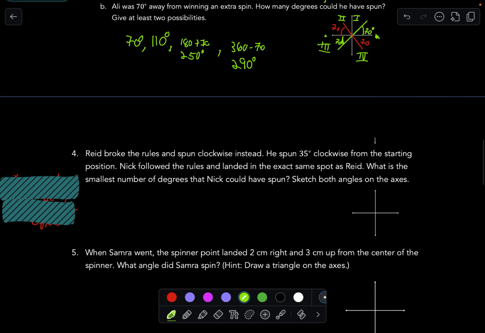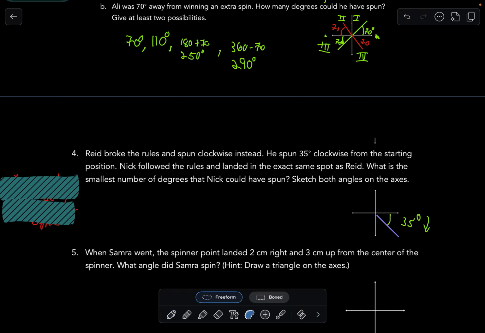Now Reed broke the rules and spun clockwise and landed in the exact same spot. So Reed spun 35 degrees, but he spun it clockwise, which means this is 35 degrees clockwise. Now, Nick followed the rules and landed in the exact same spot. So Nick has a coterminal angle, which would be there also.